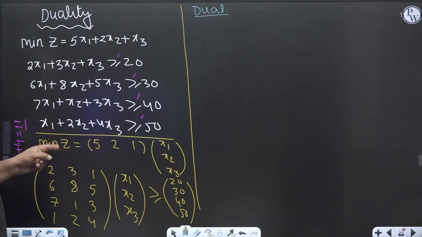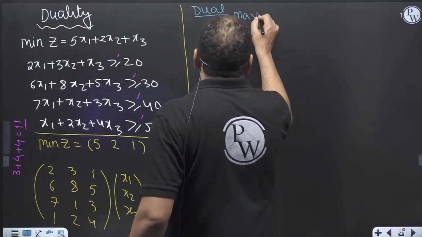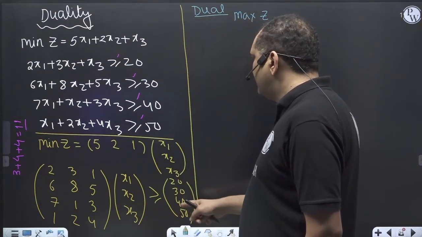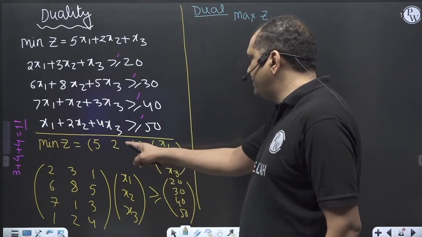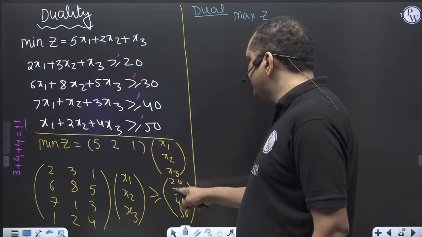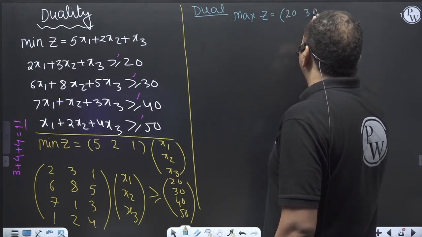So look carefully, everything becomes reverse. Minimum becomes maximum. This matrix will come here. 20, 30.